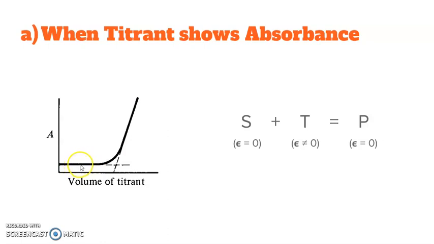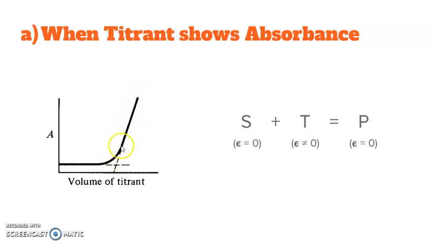The titrant is reacting with the substrate stoichiometrically, and you can see this rounded portion, as I have discussed just now. There is an endpoint which lies here. Immediately after the endpoint, the curve will start to climb steeply.